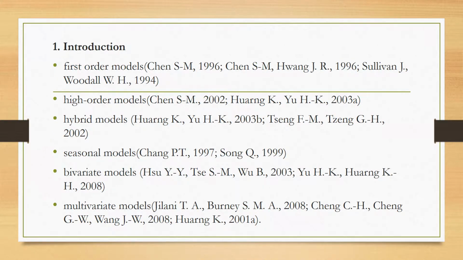Fuzzy set theory was introduced by Zadeh in 1965. Then the concept of fuzzy time series was introduced by Song and Chissom.